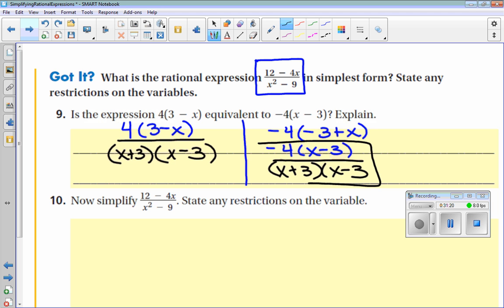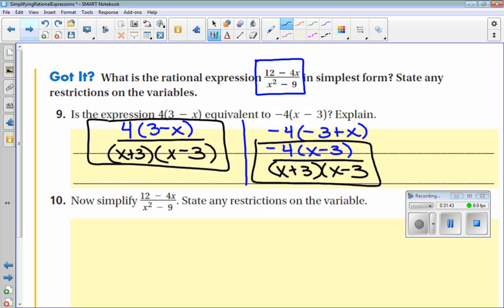So we're looking at these 2 options here. Which one looks better to you, the first one on the left or the second one on the right? Now I have a common factor that cancels. But not really on the left, because there's a negative out there.